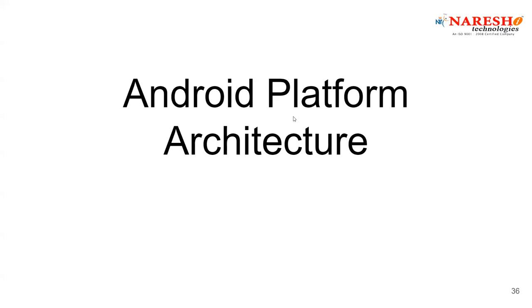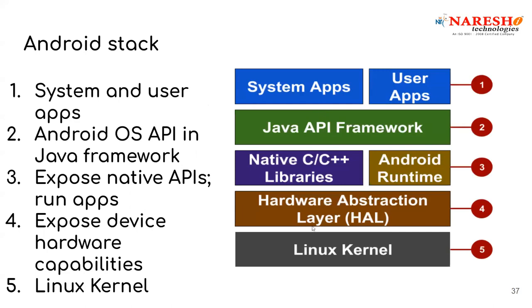Thank you so much. So moving on, what is Android platform architecture? How is Android's platform designed? It is designed into 5 layers, guys. Now I need your interaction. So in the first layer, we have system apps and user apps.